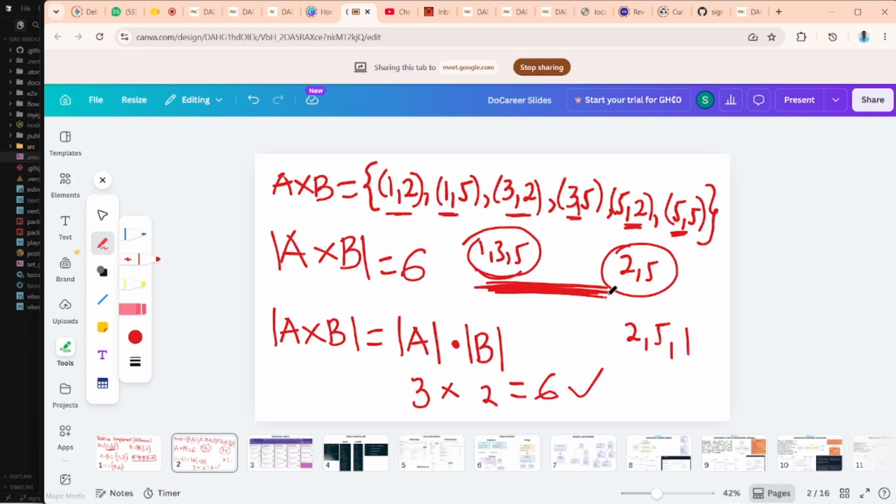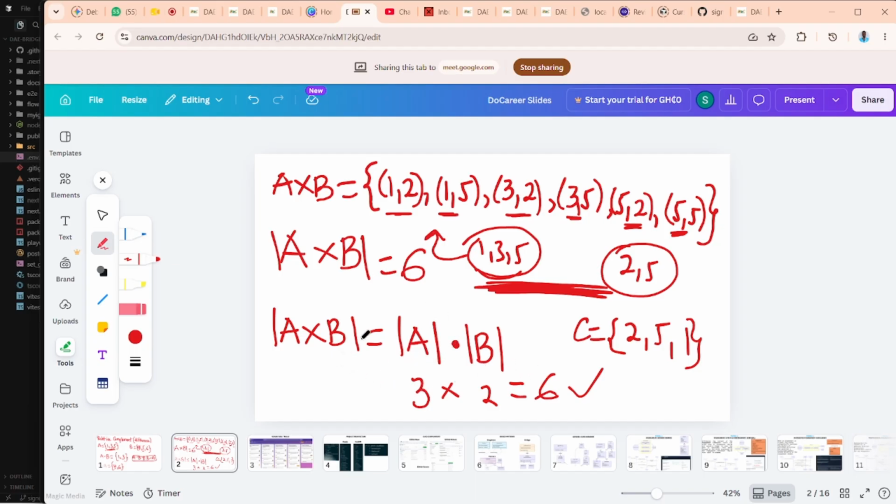When you are done with that, you cross the result with the set C. Then it will give you a long output, three-ordered pairs.